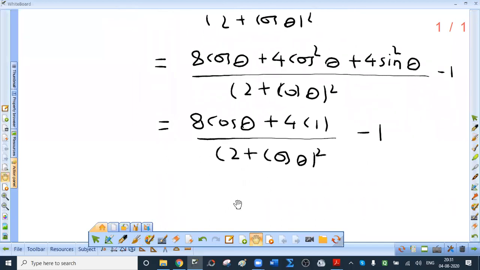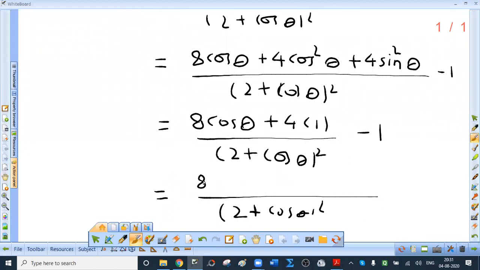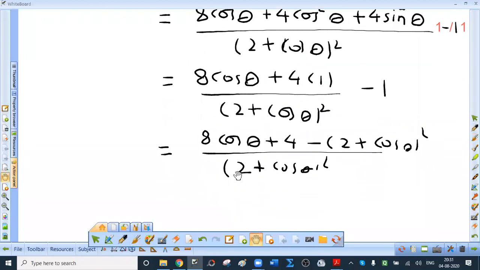So LCM and so on. What is important here? Simplification. Calculus has very little role to play. So this is 8 cos theta plus 4 minus 2 plus cos theta bracket square. Tell me what you get.